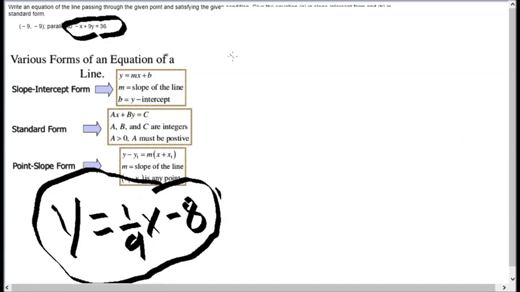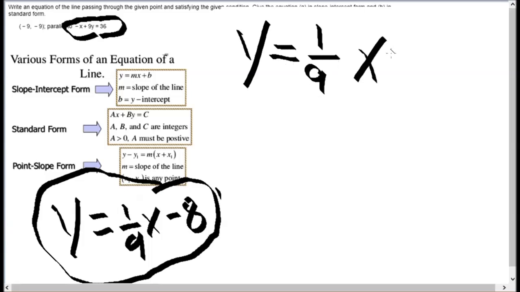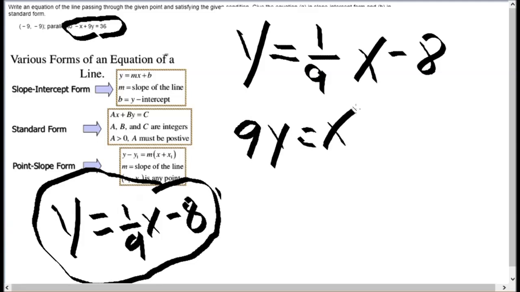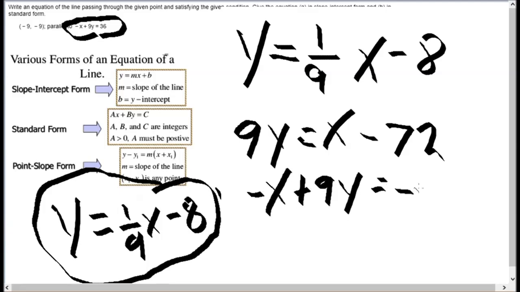So we'll go ahead and take this equation, y = 1/9 x minus 8, and multiply through by the common denominator, 9, to get 9y = x minus 72. That's multiplying every term by 9. 8 times 9 is 72. And then we'll move the x over by subtracting it, so we have -x + 9y = -72.